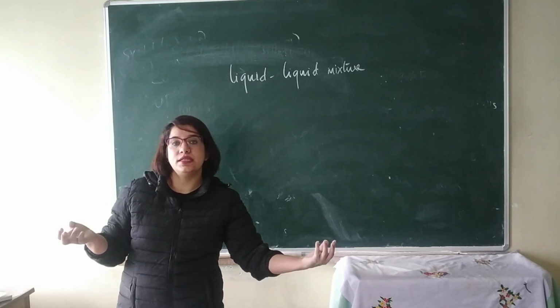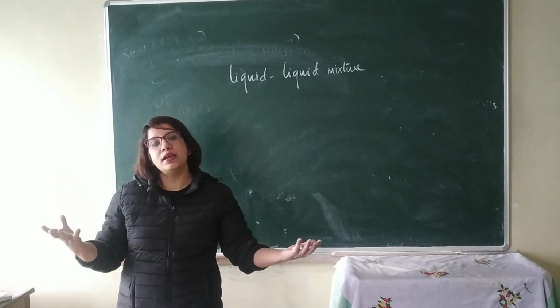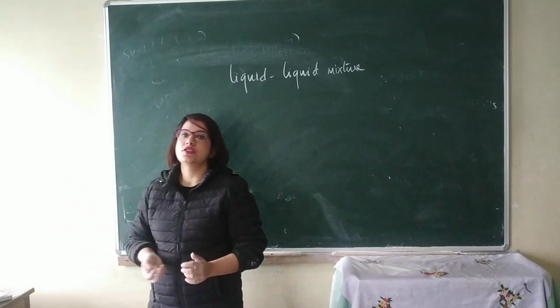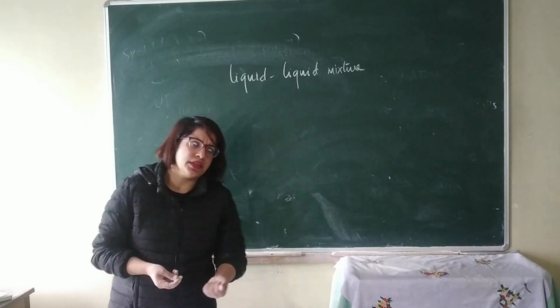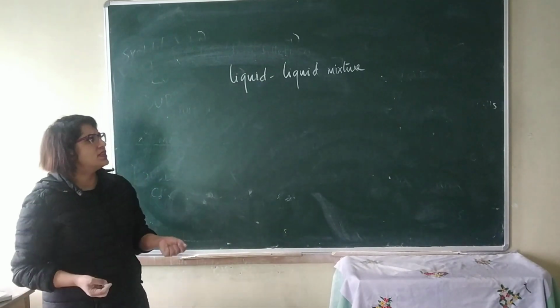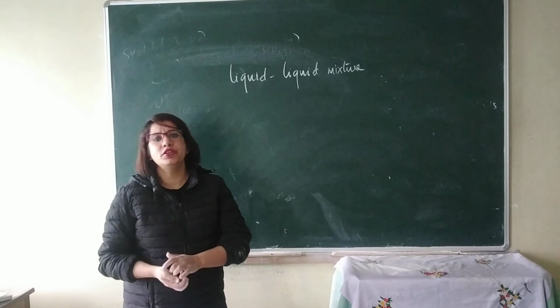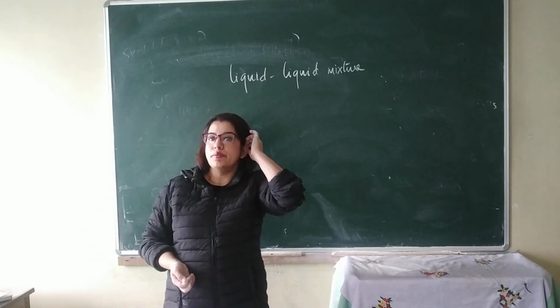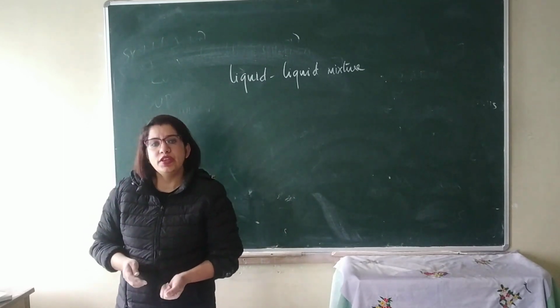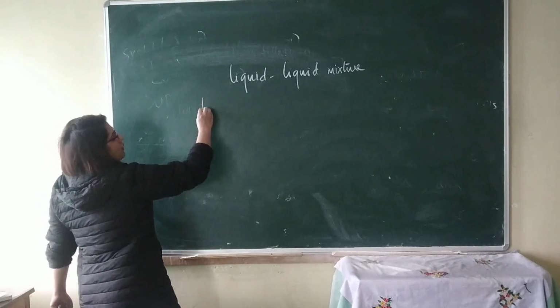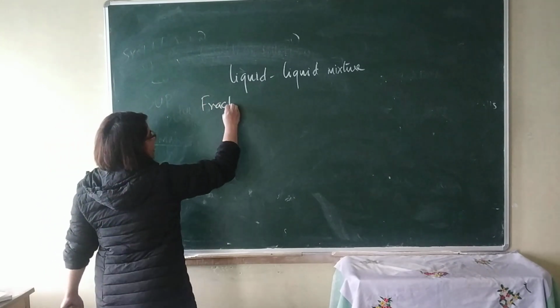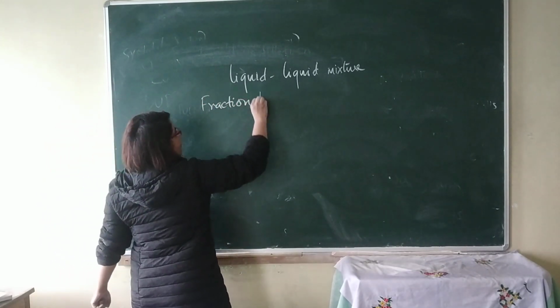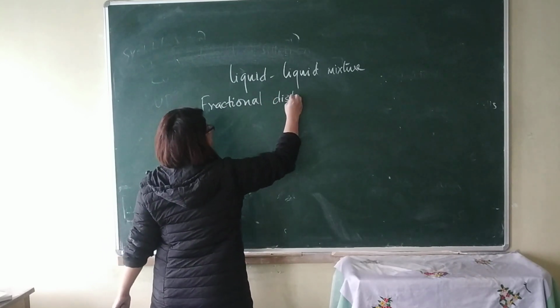It was collected in another beaker, and in the distillation flask the salt was left behind. So here also, when we separate a liquid-liquid mixture in which the liquids are miscible, we use the distillation method, but a slightly modified one, and we call it fractional distillation.